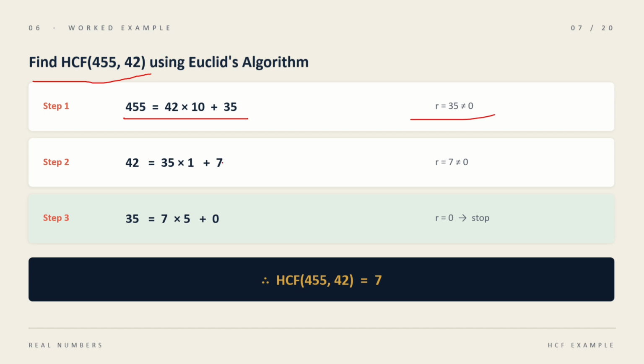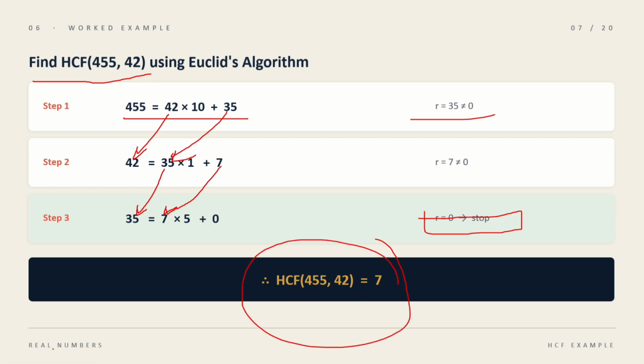So 42 is equal to 35 into 1 plus 7. This is the Euclid algorithm rule. Then 35 is equal to 7 into 5 plus 0, that means r is equal to 0. So here we can stop the Euclid algorithm, and the HCF of 455 and 42 is 7, as given here.